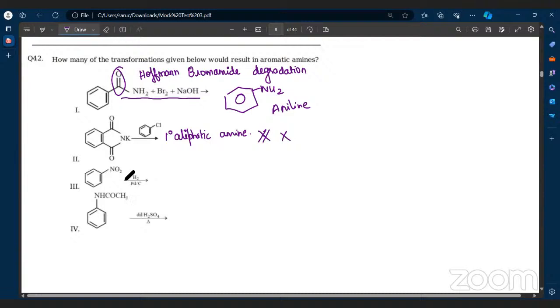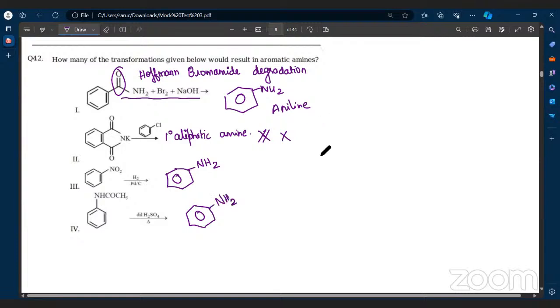Now moving to this. This is a simple reduction. When NO2 is reduced, you'll get NH2. And here, when you have NHCOCH3 and you put dilute sulfuric acid and heat it, the bond will be broken to produce NH2.